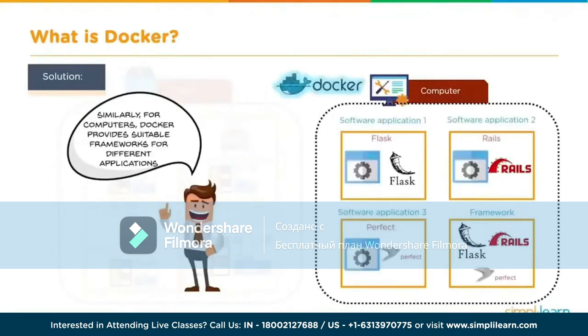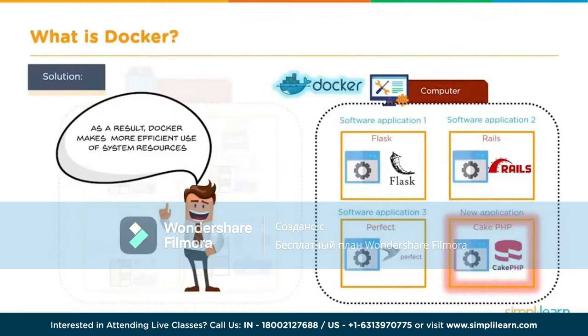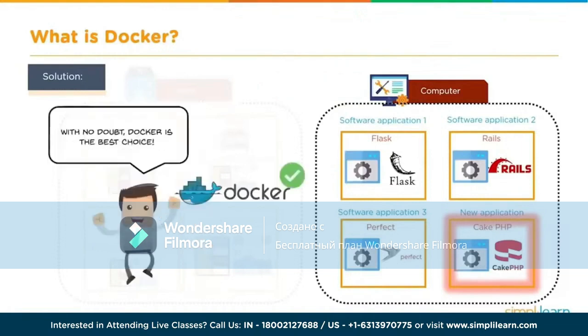And since every application has its own framework with a suitable version, the area that we had previously stored for a framework can be used for something else. Now we can create a new application, in this instance a 4th application, that uses its own resources. With these kinds of abilities to free up space on the computer, it's no wonder Docker is the right choice.